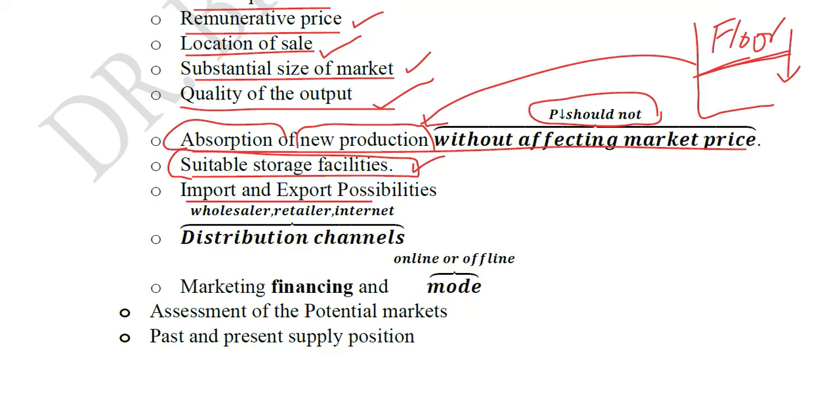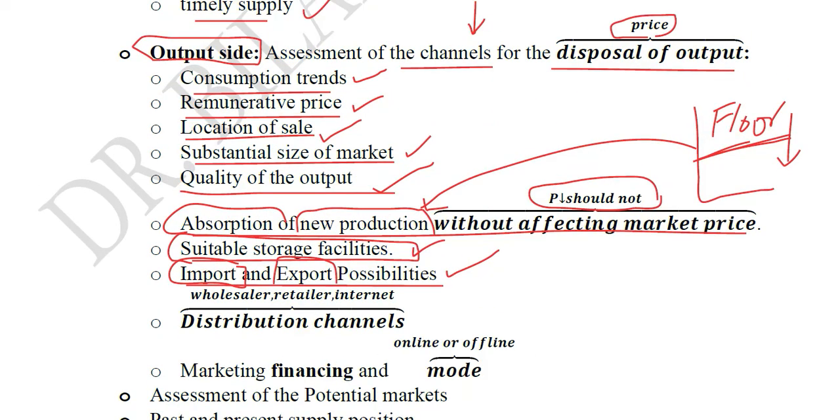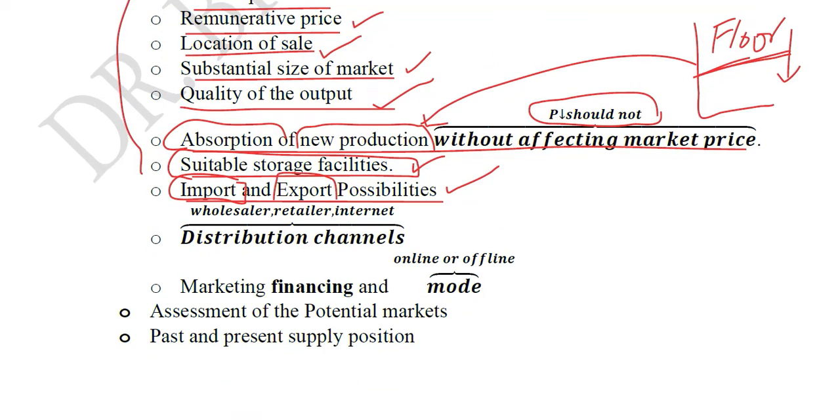The import and export possibilities should also be considered, because if we need some input, we might have to import it if it is not available locally, and we might have some surplus output, or we are perhaps focused on exports, so we might export. So these possibilities are also considered in the output side of the commercial aspect.